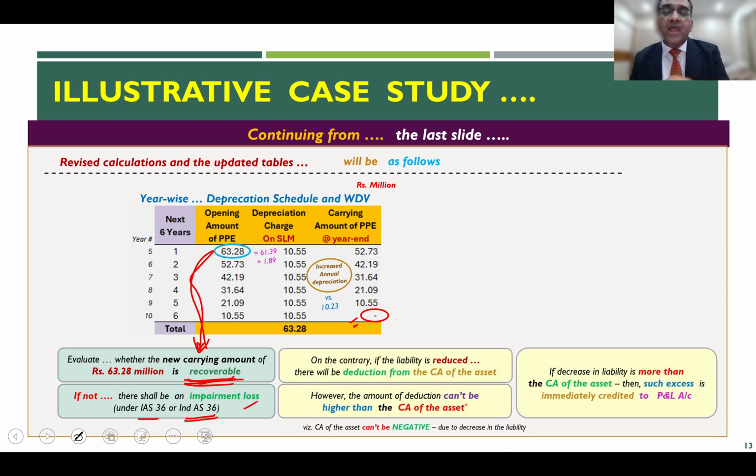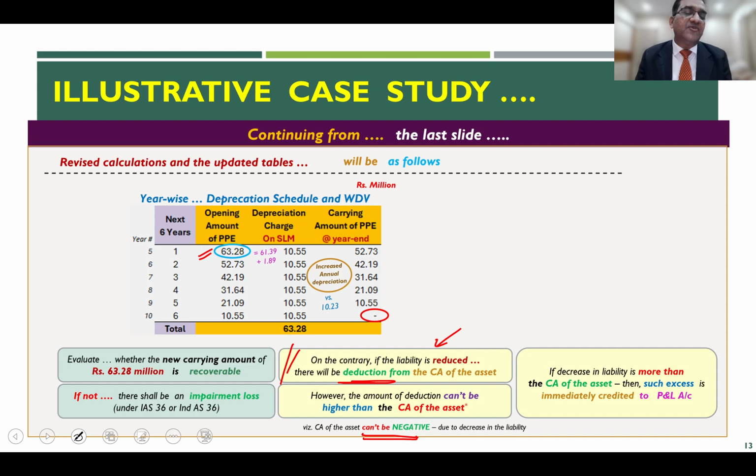Now, on the contrary, this example case study was for increase. But what about if there is a decrease? On the contrary, if the liability is reduced rather than increased, we will see the case study next also. But if the liability is reduced rather than increasing, then that amount would be deducted from the carrying amount of the asset. However, that cannot make the asset value negative.